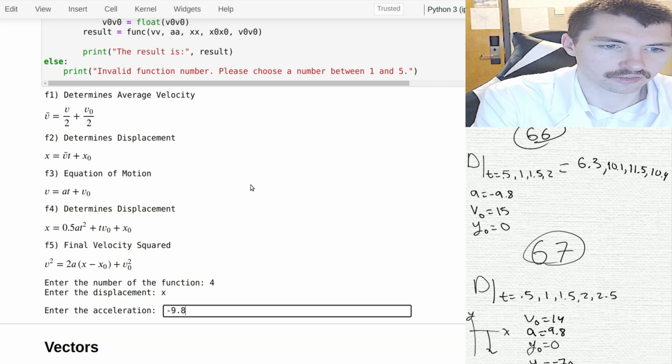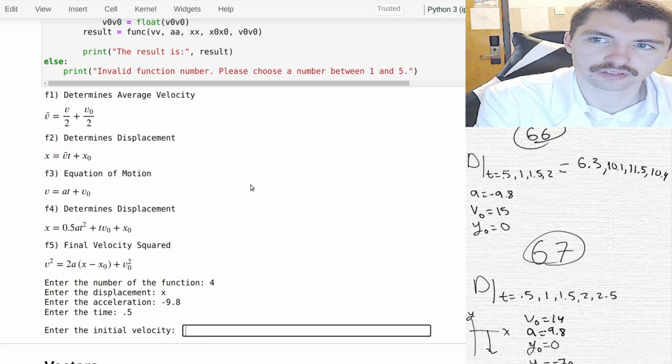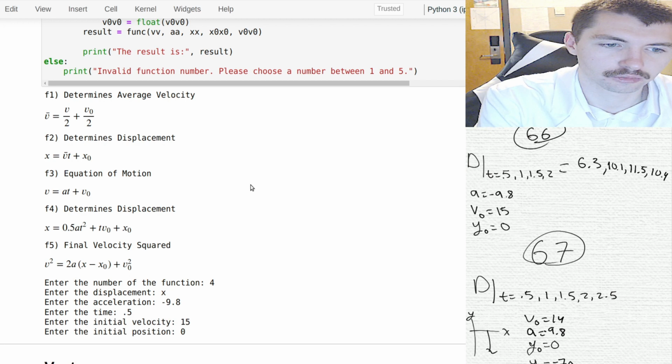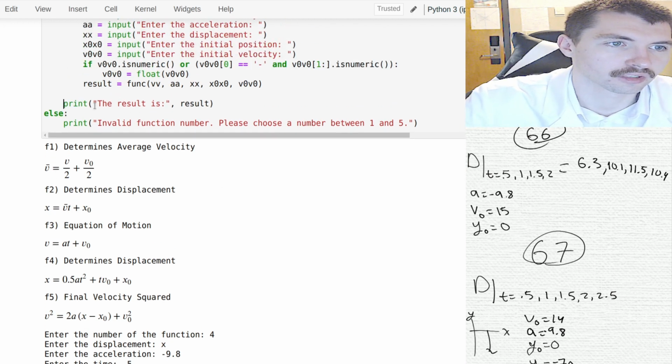Let's try negative 9.8, 0.5, initial velocity 15, position 0. Okay, so it's not giving us a result.